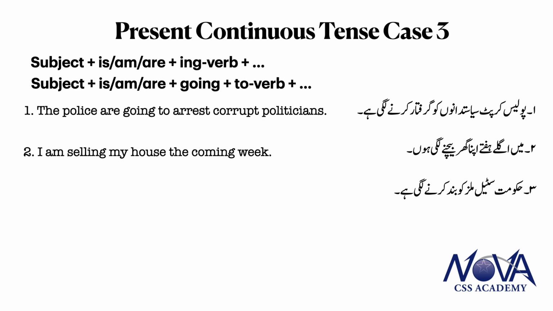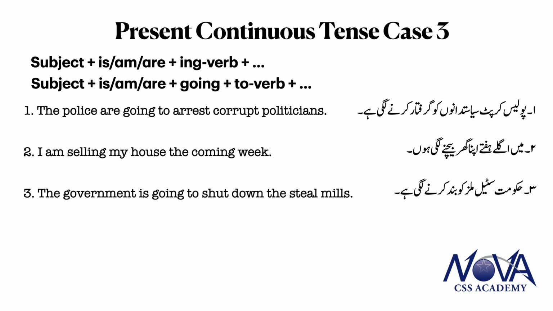So we are not talking about any intention. We are talking about an execution of the action that belongs to the future. So we understand that in such cases, we will make use of the structure of the present continuous tense, and thus the translation for this type of sentence will be the government is going to shut down the steel mills.